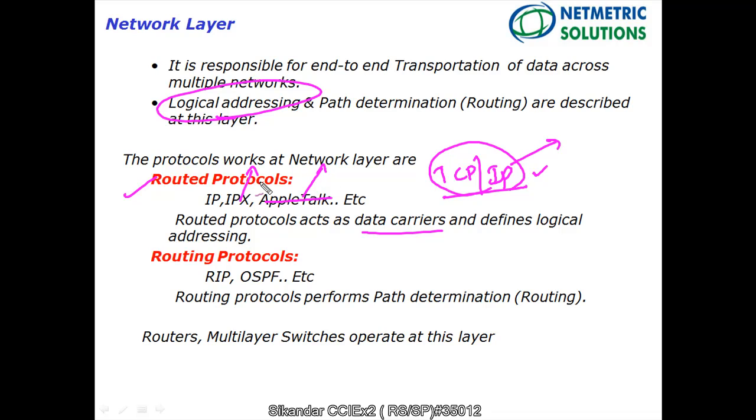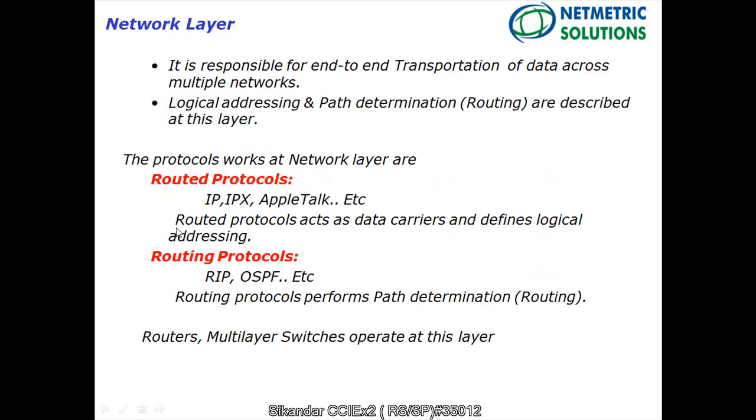IPX was developed for Novell operating systems. In today's network, we generally use TCP/IP because of the internet. The internet works on TCP/IP. So in this layer, we need to remember that the router is a device which works in this layer, and these are the two protocols which work here, routed protocols and routing protocols. Routing protocols decide the best route, and routed protocols act as data carriers.